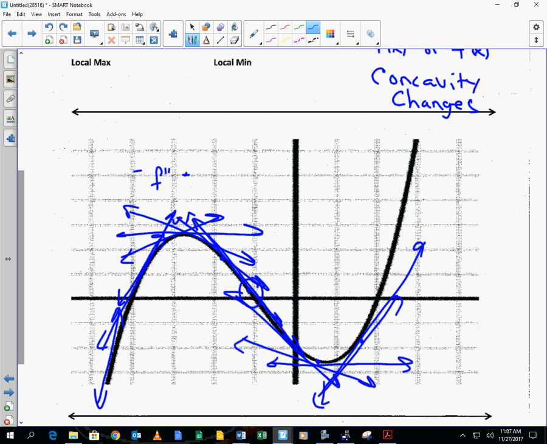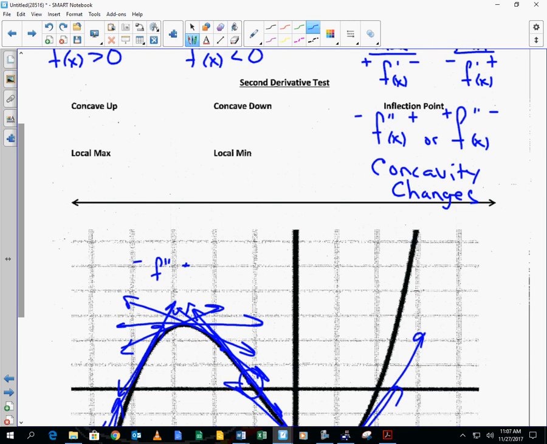Was the first derivative decreasing or increasing here? It was decreasing, right? It was becoming more negative. So it's concave down where f double prime of x is negative.